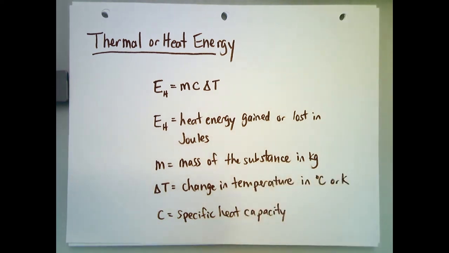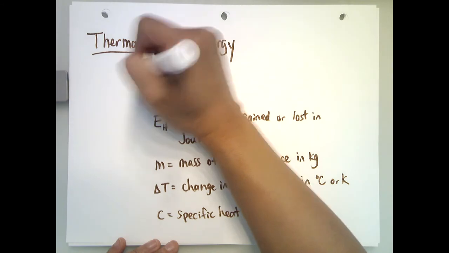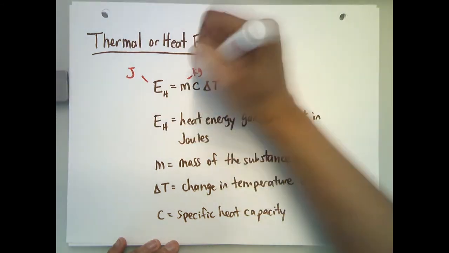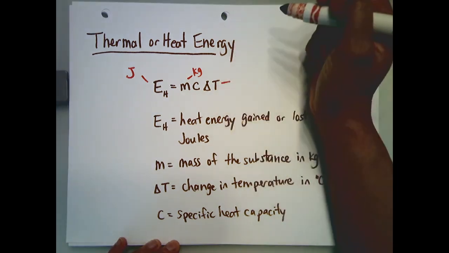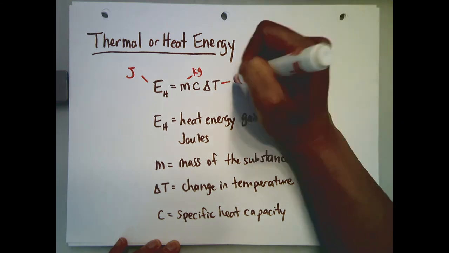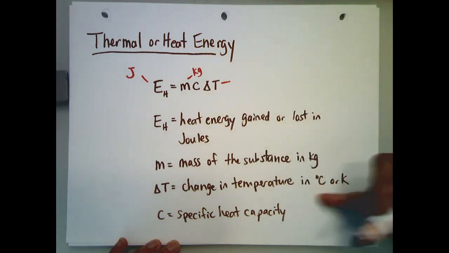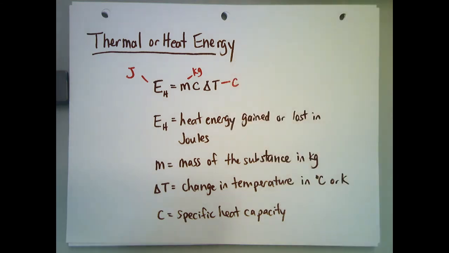All right, what is that measured in? Well, let's take a look at our units. We have energy measured in joules. We have mass measured in kilograms. And we have temperature, which is measured, let's say, in Celsius, just to make it a little easier. I'll show you how to convert back and forth from Celsius to Kelvin in a minute. Perfect.